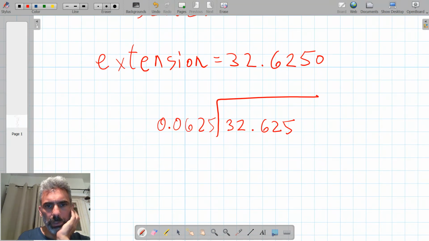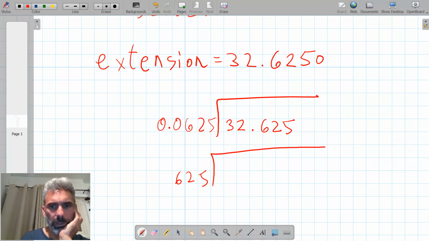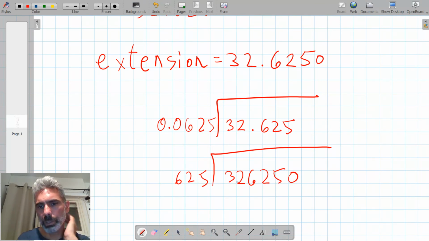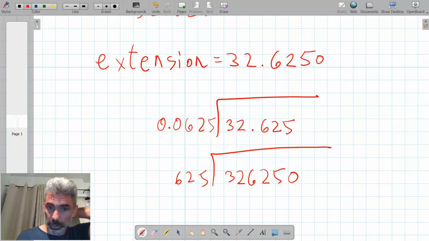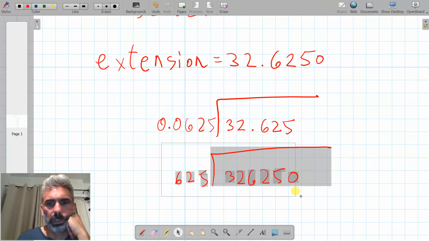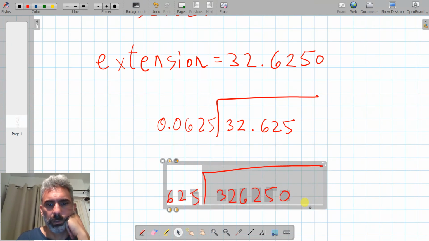So I need to shift the decimal point 4 places to the right, so this becomes a whole number, 625. So I need to shift this, so this becomes 326,250.